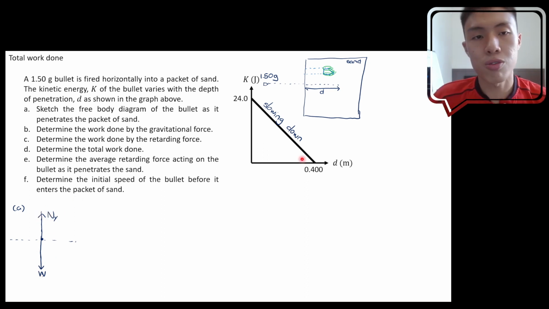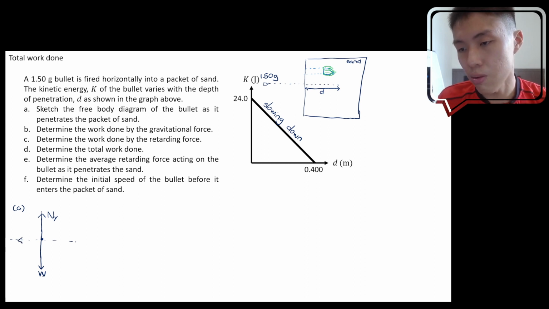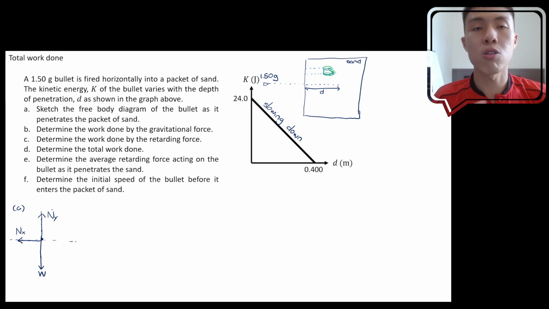But for the x component of normal, we know that the sand is over here touching the bullet in order to prevent the bullet from moving further. So the sand is providing a kind of resistance to the bullet from moving further. In that case, we can probably infer that the normal force in the x component should probably be pointing in the opposite direction to the motion, because the sand is blocking the bullet from moving forward.